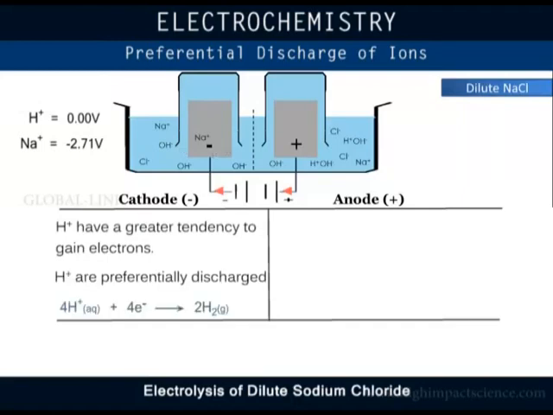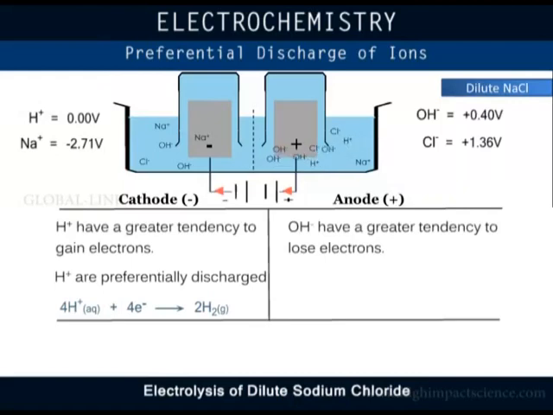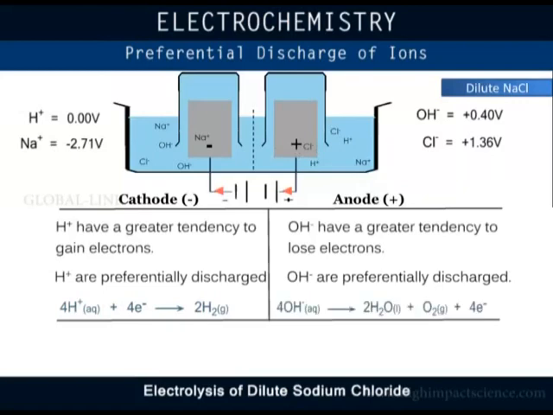They are reduced to form hydrogen gas. At the anode, hydroxyl ions with a reduction potential of plus 0.04 volts have a greater tendency to lose electrons compared to chloride ions with a reduction potential of plus 1.36 volts, and are therefore preferentially discharged. They are oxidized to form water and oxygen gas.